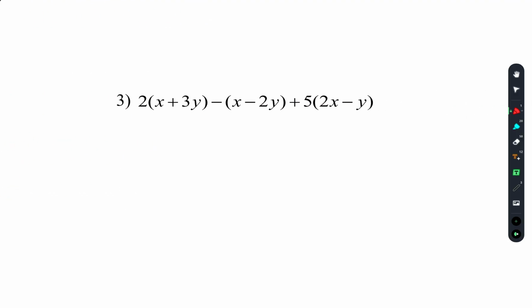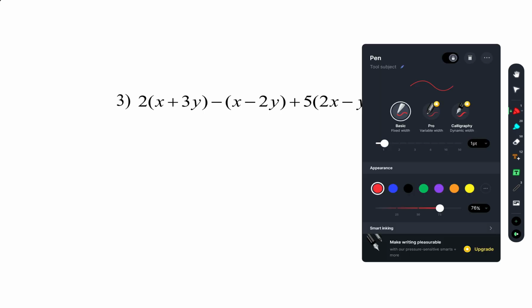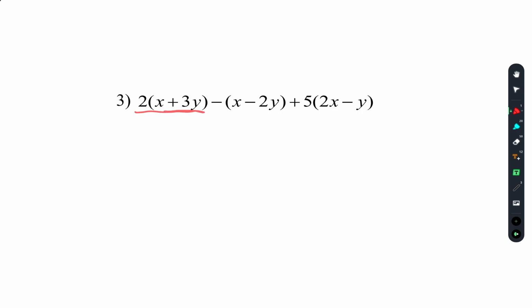So then when they get psycho, like something like this, you just want to pay attention to, okay, for this piece of it, you're going to distribute the 2. So we've done that before. So you're distributing 2 times x, 2 times 3y. But then with this piece, okay, imagine distributing a negative 1. Do you know what I mean? It's an invisible 1 in front of that. So you're distributing the negative to both terms.